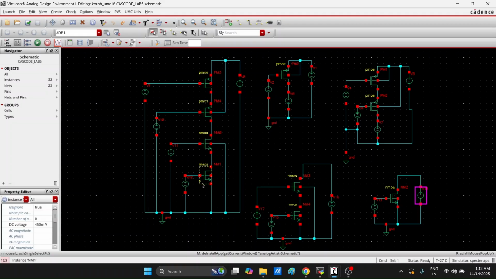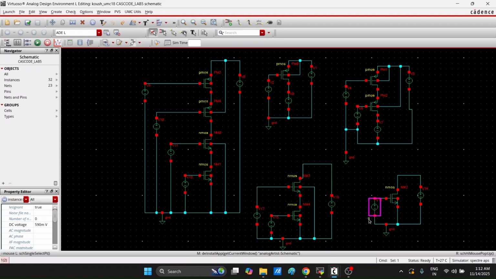Now the drain of this NMOS will be biased by a 450 millivolt DC voltage and the voltage of the gate will be 590 millivolt. Why? Because the threshold voltage of our transistor is 500 millivolt, so we will add 90 millivolt more to ensure that this NMOS is in saturation.